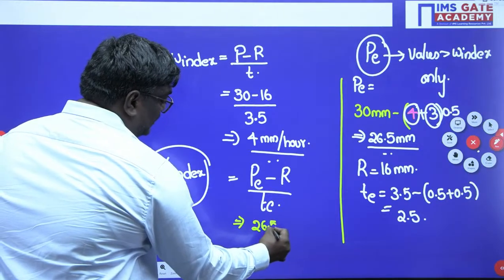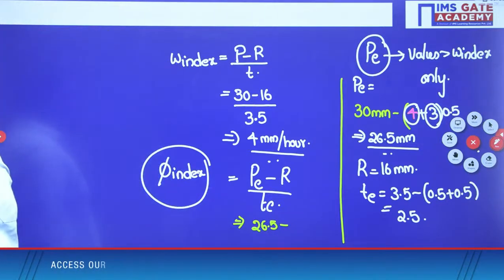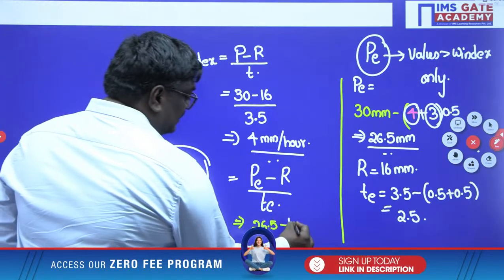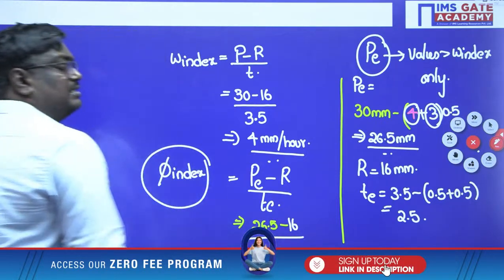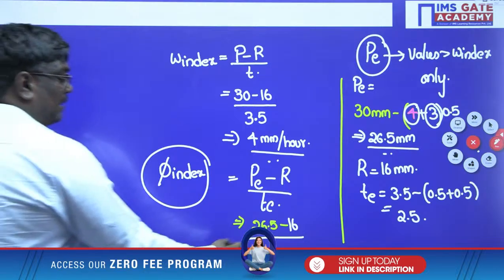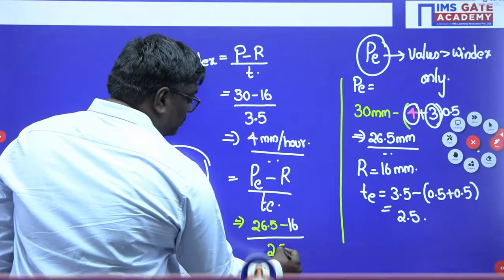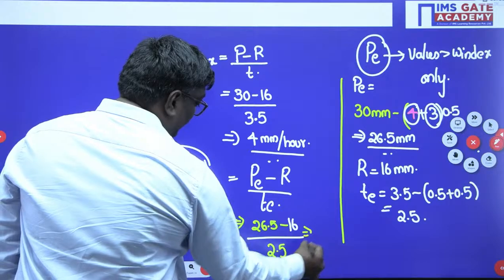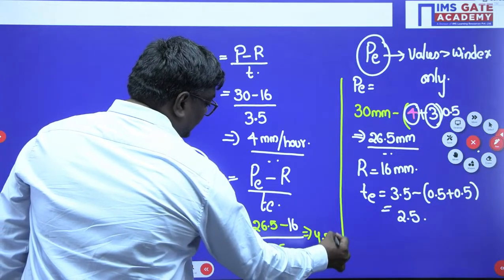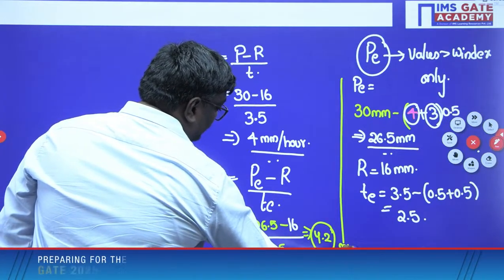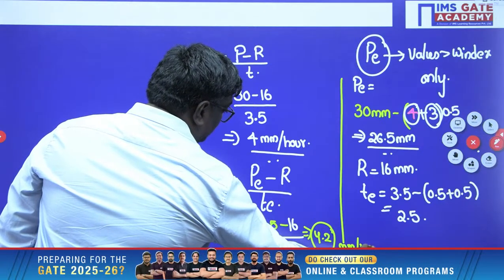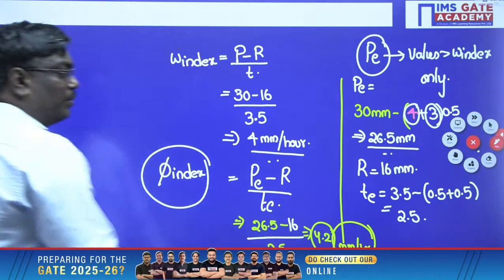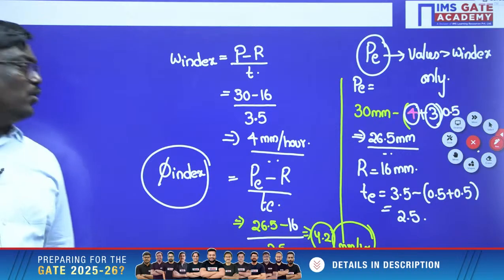PE is 26.5 minus the runoff, 16, divided by the time of excess, 2.5. So we have 10.5 divided by 2.5, that is equal to 4.2 mm per hour. This is equal to 4.2 mm per hour. I hope you are clear.